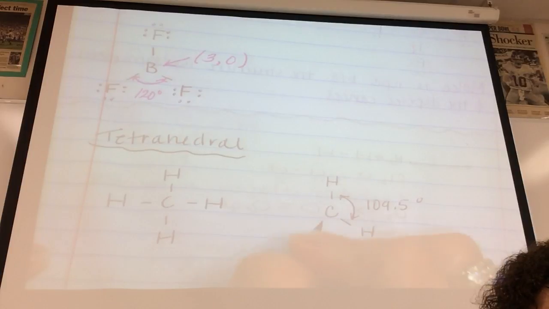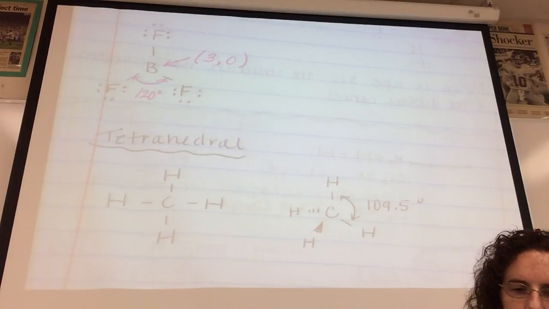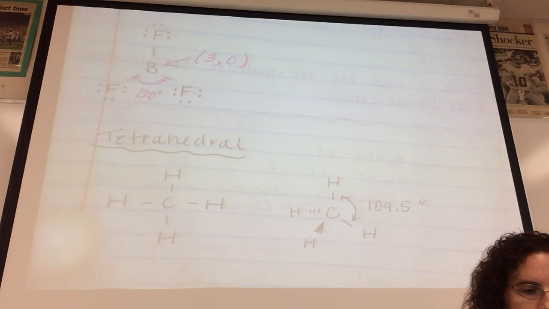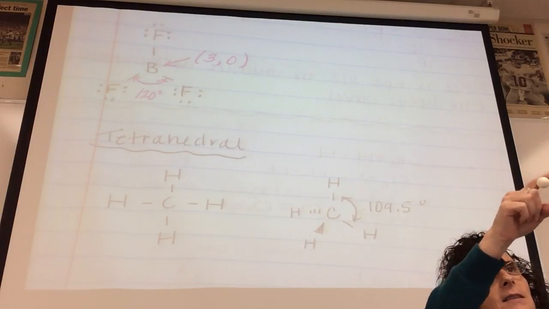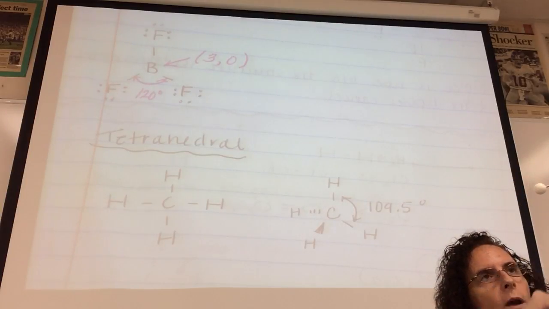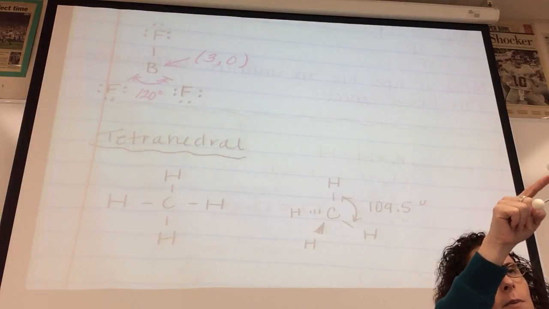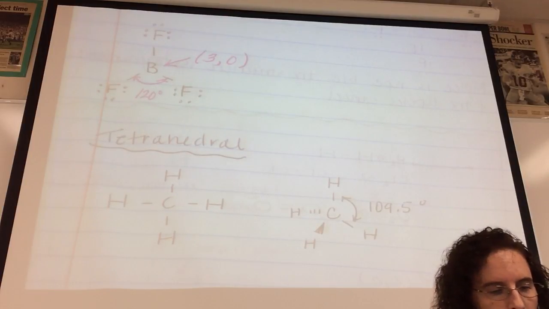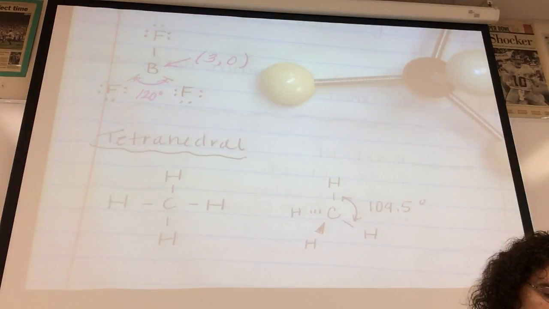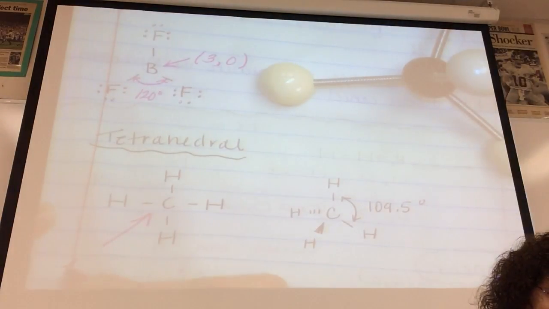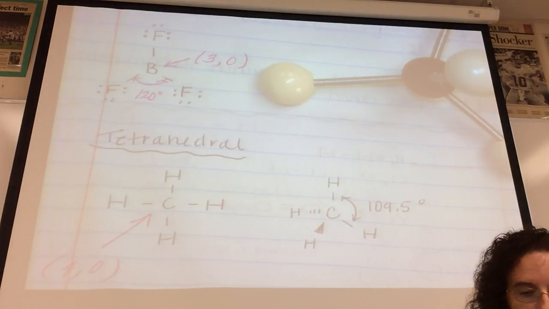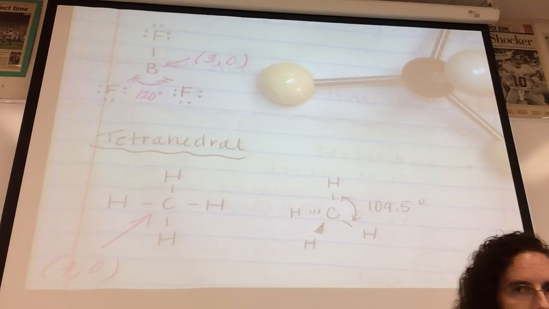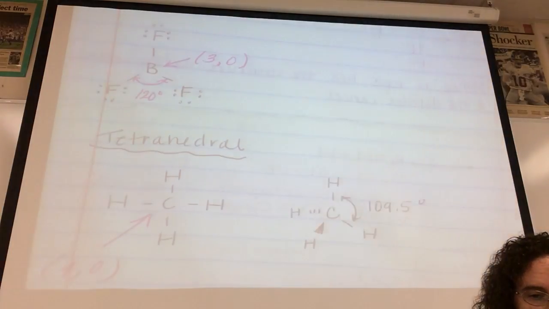This hydrogen's going to come out at you, and this one goes into the paper, and it would be drawn this way. So you can see if that's the angle that's coming towards you, that's away from you. And this angle is about 109.5. Tetrahedral. Again, 4 atoms attached, no lone pairs on the central atom. That's where kids get confused. You're looking at lone pairs on the central atom.